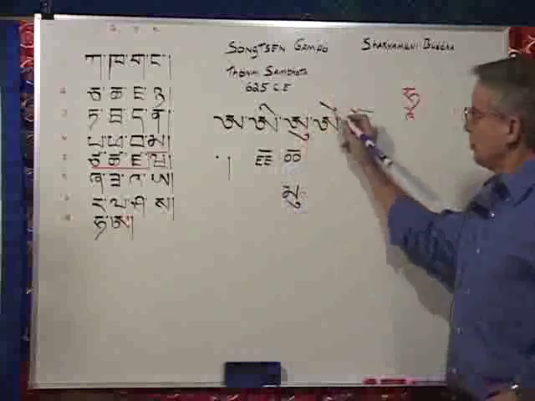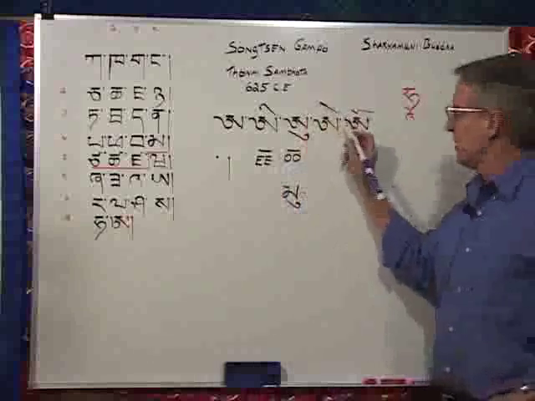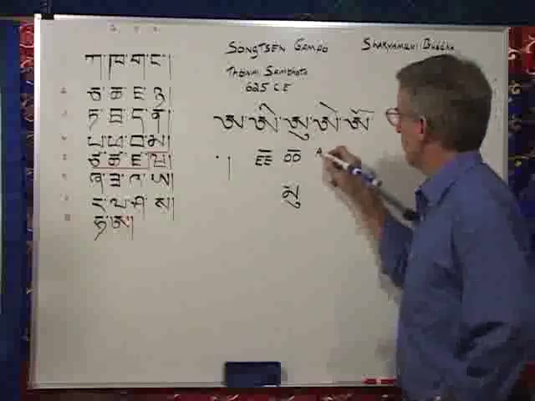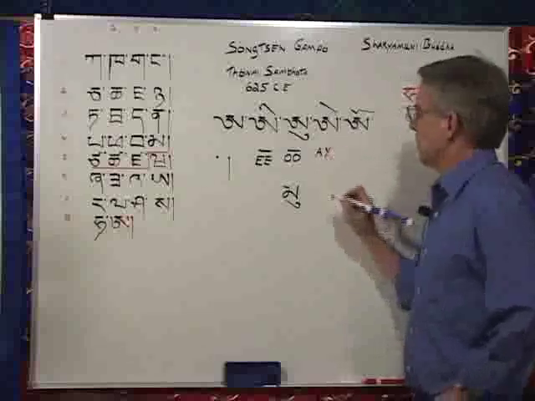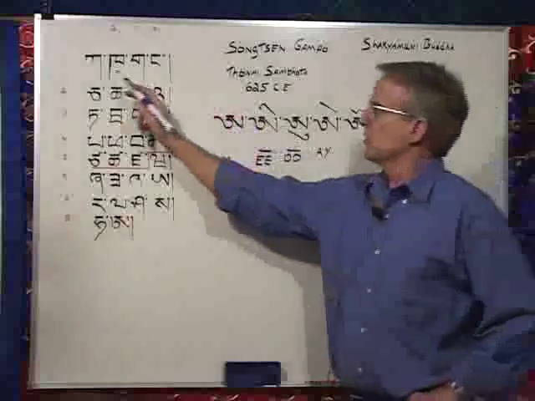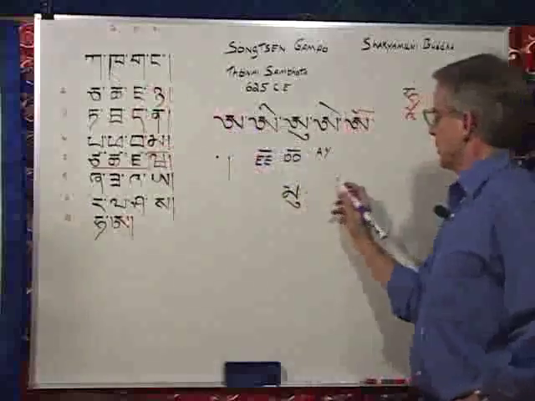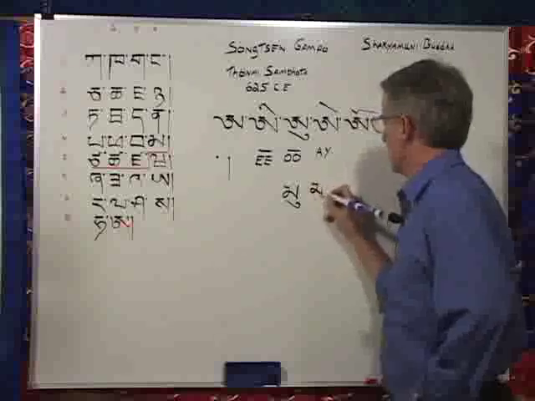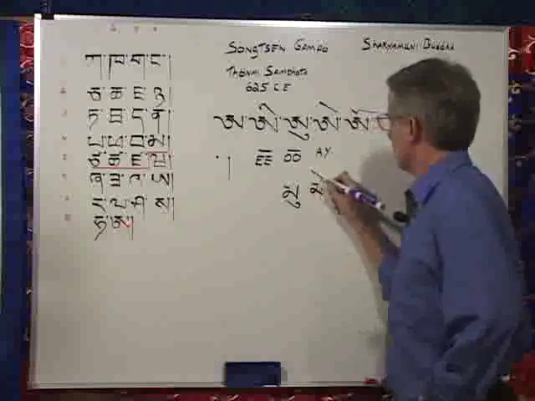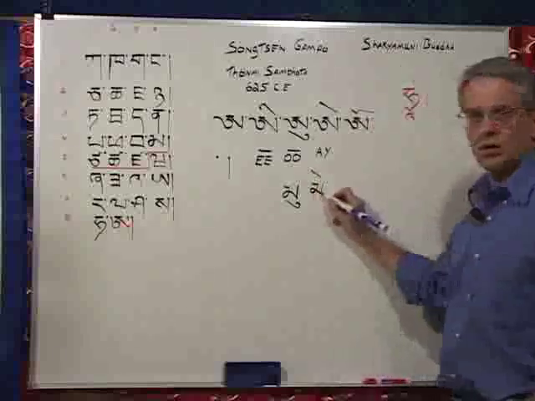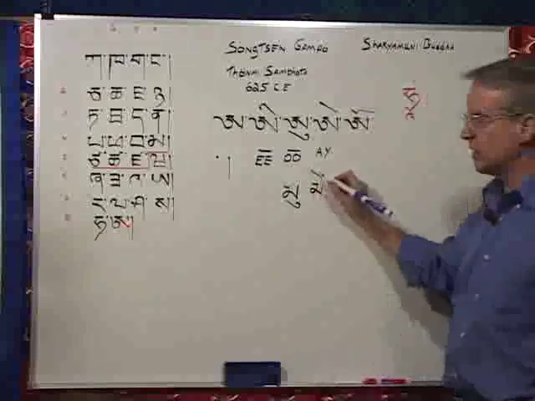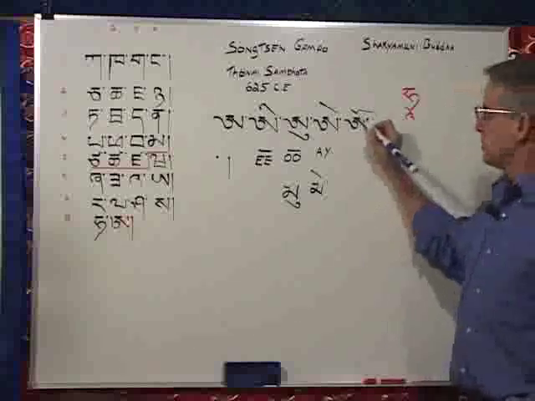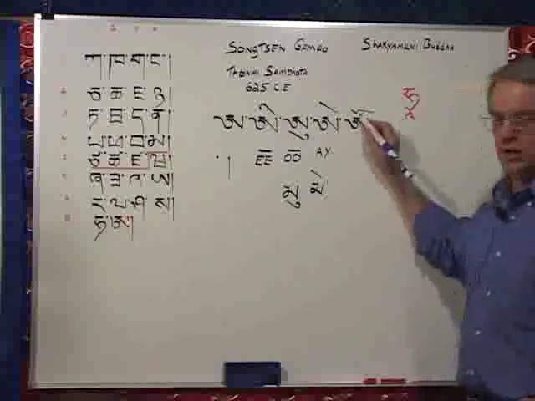The drengbu, the next vowel sign, gives the vowel sound A. So for instance, if we took the same consonant ma and put a drengbu on it, we would then have ma, drengbu, may. The last of the vowels is the O sound.